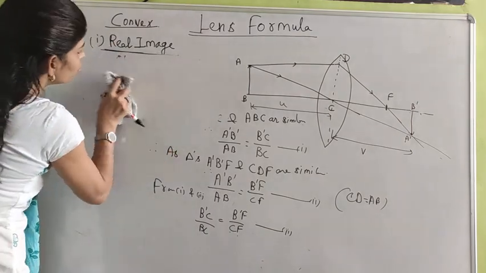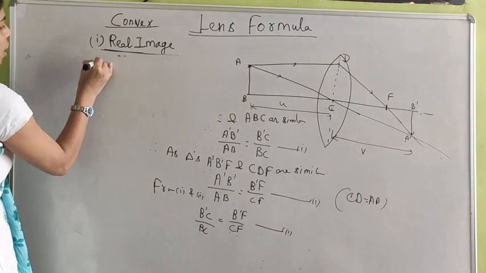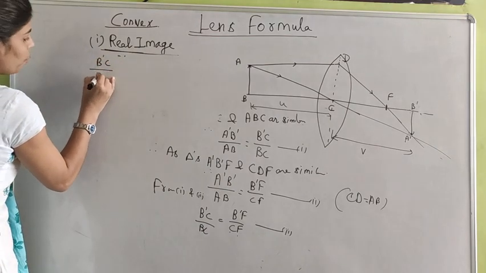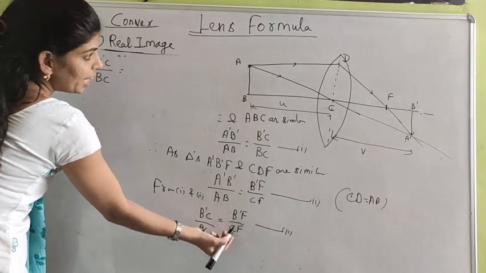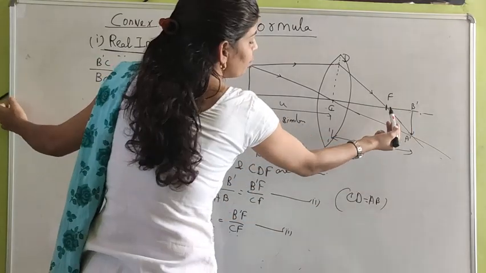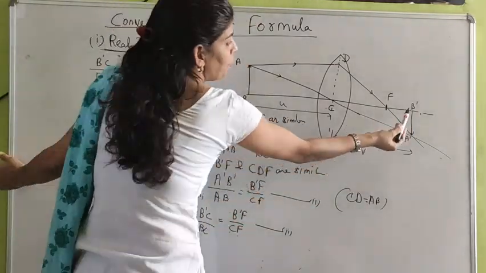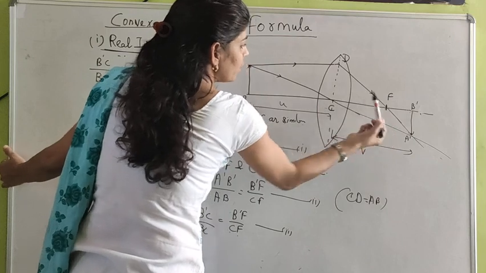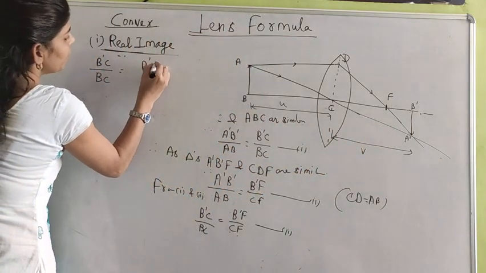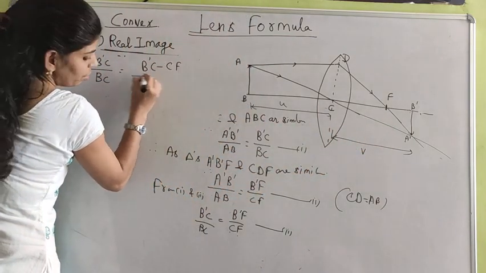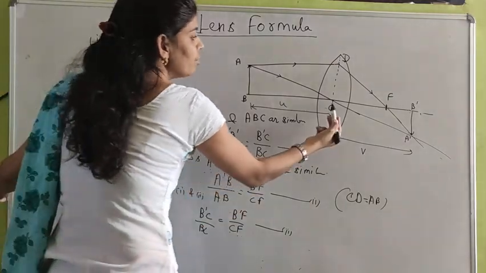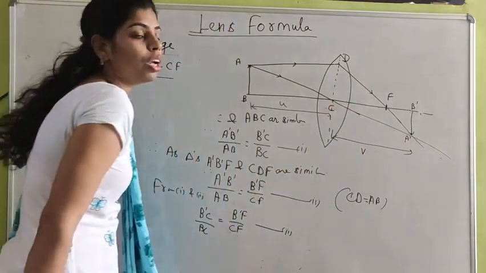So we will write B dash C over BC is equal to B dash F over CF. B dash F we can write as B dash C minus CF. And CF is a fixed distance, that means focal length.